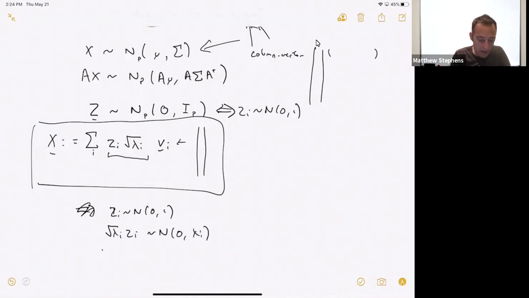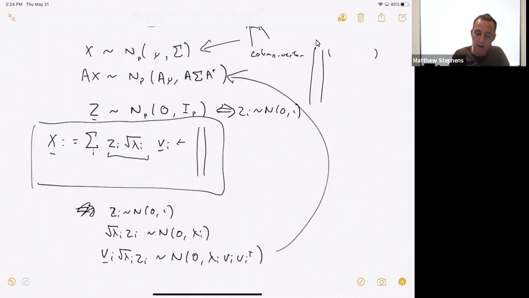And if we do vi times square root lambda i times zi, that's normal 0, lambda i vi vi transpose, basically applying this here, where sigma is a scalar in our case.